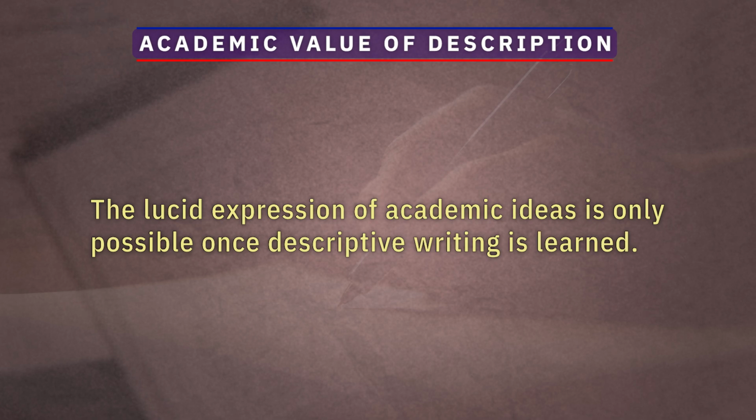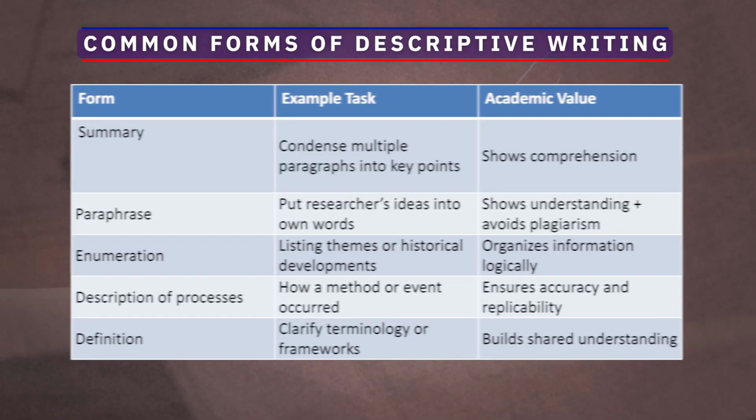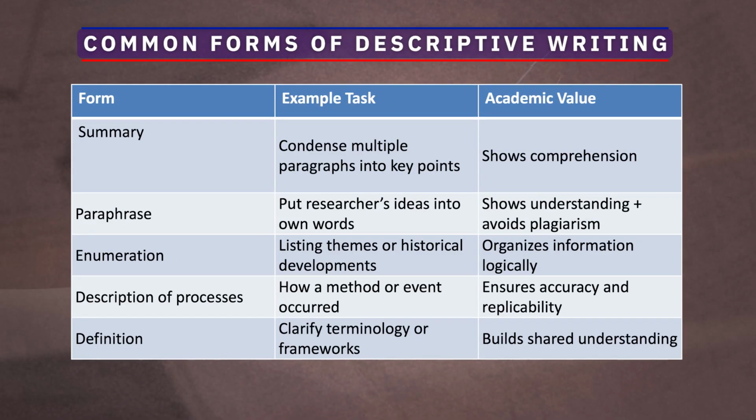There are various ways in which descriptive writing is used. In academic writing, description-based writing usually occurs in summaries. Very often there is a summary of a text that is provided. Paraphrasing, that is putting forward the researcher's ideas in one's own words.